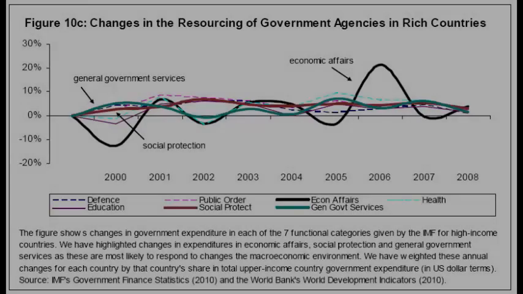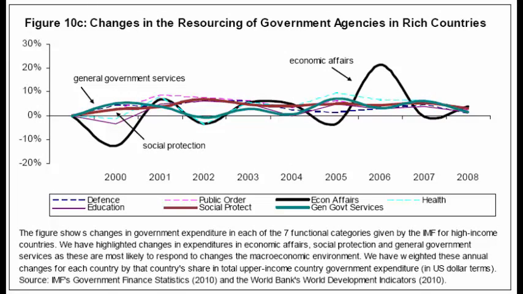Turning our attention now to the way that structure has changed over time, the second infographic shows the amount of general service spending, social protection spending, and other kinds of spending in upper income jurisdictions. We see significant volatility in spending on economic affairs, and we would thus also expect to see volatility in the structure of government and those structures that provide economic services.